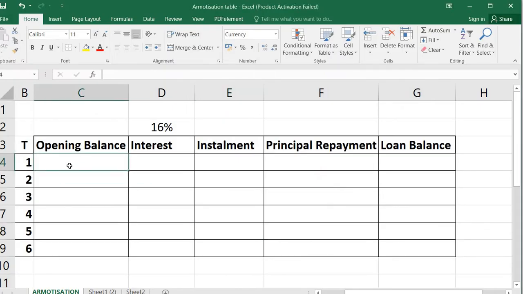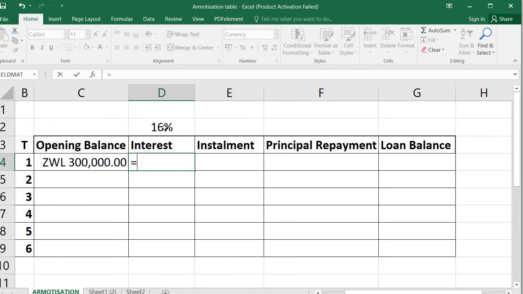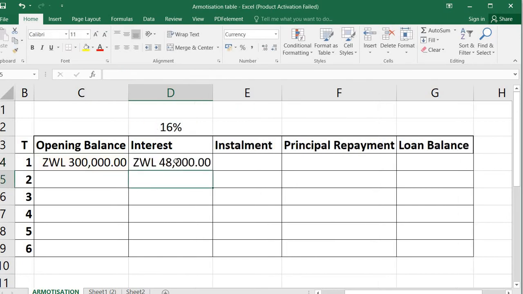Now, let's try and make head or tail of this. We now have the payment. We said our loan was a loan of 300,000. So there is 300,000. And we know that our interest per annum would be 16% multiplied by whatever is outstanding at the beginning of that particular period. So it's 16% multiplied by the opening balance, which means in our first year, our interest is 16% of the opening balance.